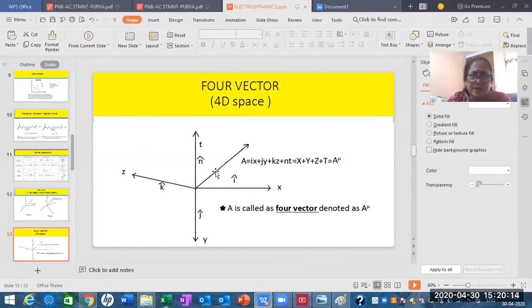A 4 vector in 4 dimensions is shown by the notation A mu. Don't pronounce it as A to the power mu. It is called a 4 vector. Here A is some vector in 4 dimensions. There are 4 components, that's why it is called a 4 vector.